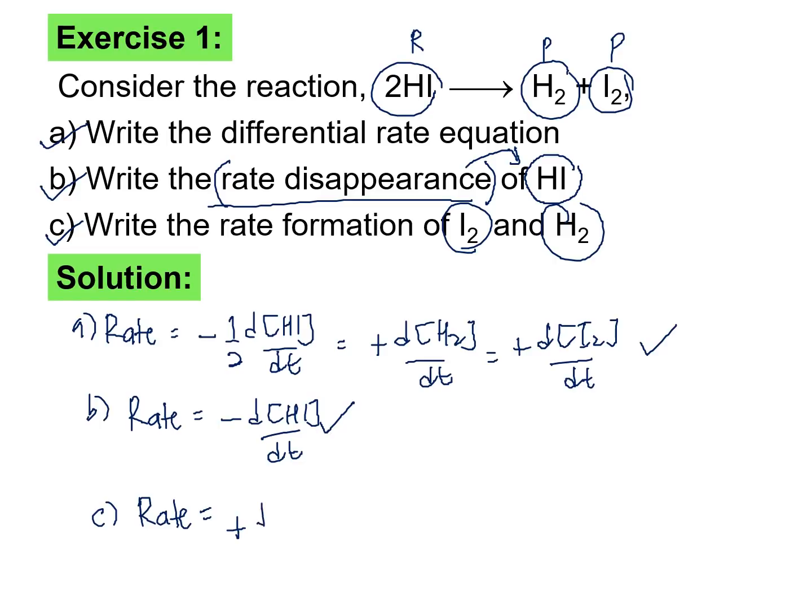So change in concentration of iodine over dt. Ini expression yang pertama. Expression yang kedua untuk hydrogen adalah tulis perkataan rate equals to positive. Kenapa positif? Hydrogen also your product. So change in concentration of hydrogen over dt. So this is expression untuk yang kedua.